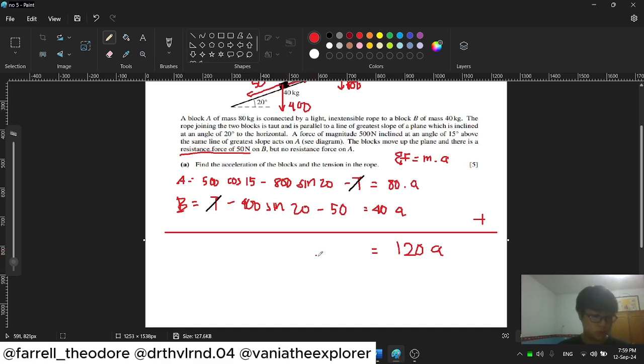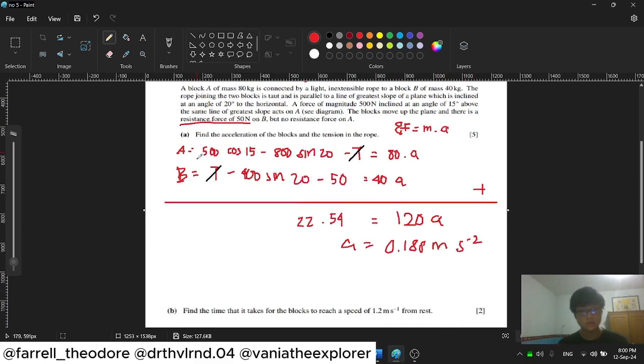this will equate to 22.54. And so acceleration will be 22.54 divided by 120, which is 0.188 meters per second squared. That is the acceleration.